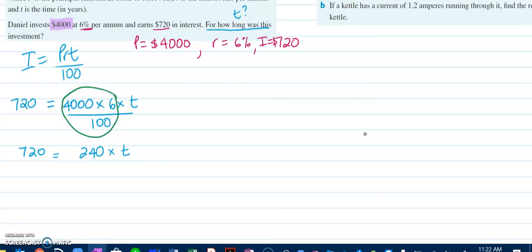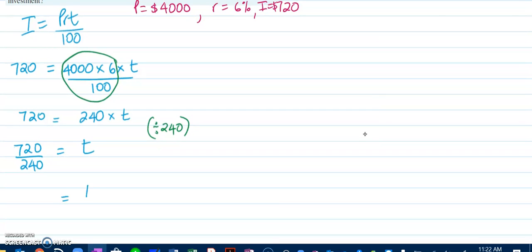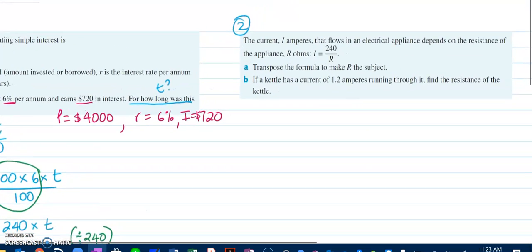To get rid of the 240, we do the opposite of multiplying, which is divide by 240 on both sides, and we end up with time is equal to 720 divided by 240. If we evaluate this, it gives me 3. So 3 years, as we know in the formula the time is given in years. So that's 3 years.